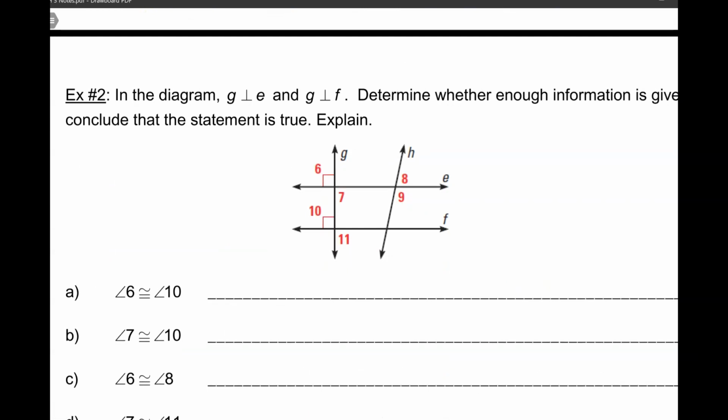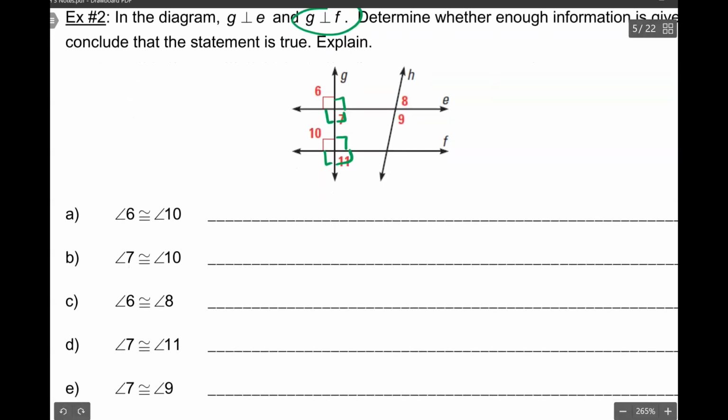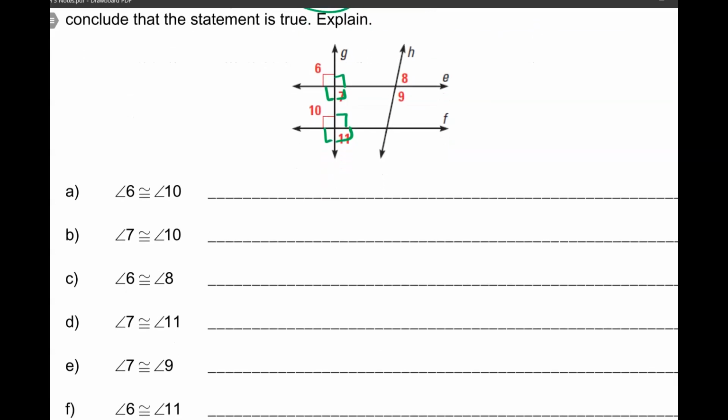Now in this diagram, G is perpendicular to E. So E and G are perpendicular, which means they intersect to form 4 right angles. G is perpendicular to F, so it's these two lines, and that means they intersect to form 4 right angles. Let's see if we have enough information. 6 and 10.